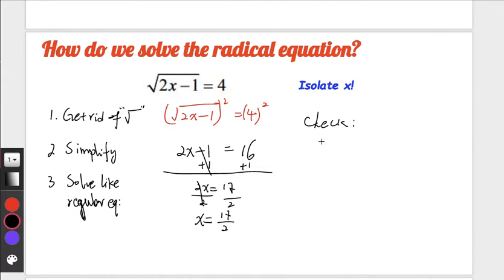Since x is 17 over 2, we plug it in: 17 over 2 times 2 cancels to 17. 17 minus 1 is 16, and the square root of 16 is 4. Check. The only difference is that we need to deal with the square root symbol. That's all. Most likely all we need to do is work around the square root symbol to figure it out.